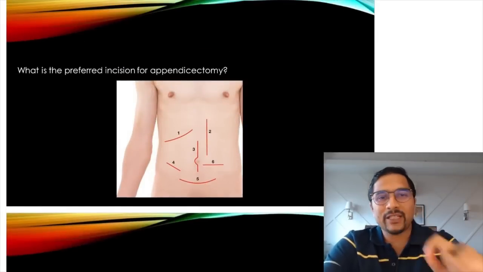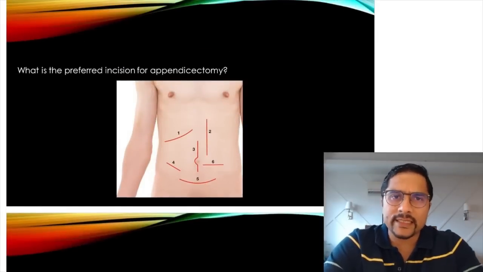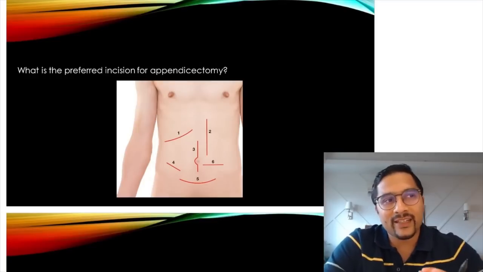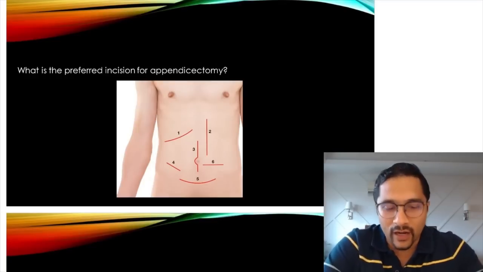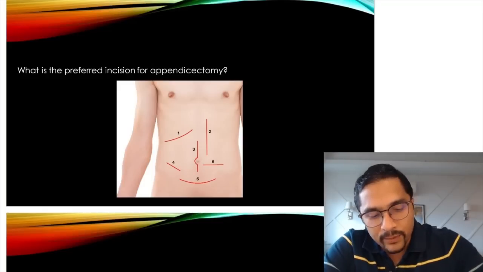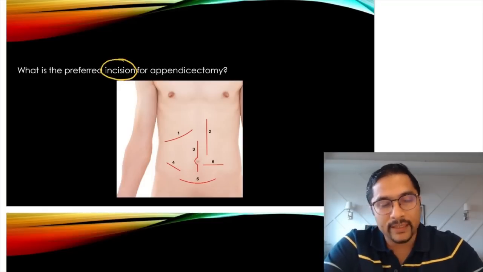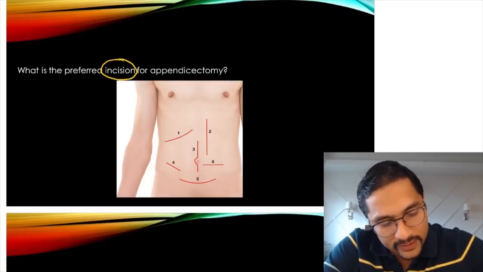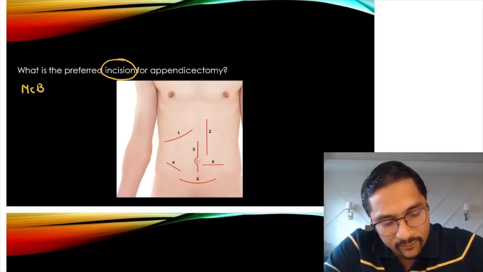This was another image-based question. I felt it was a very easy question, but because it was given in an image format, it threw some of the students off guard. So they had asked, what is the preferred incision for appendicectomy? Now we know the incisions for appendicectomy. You can use the McBurney's incision, right?